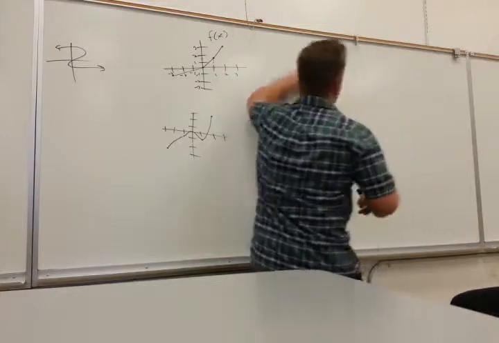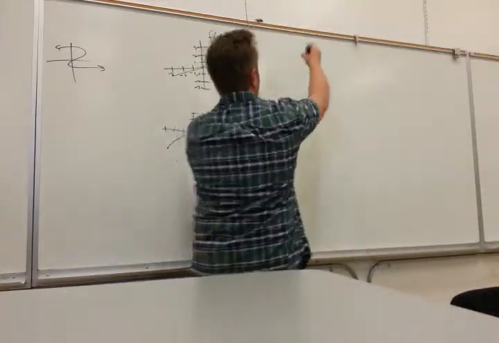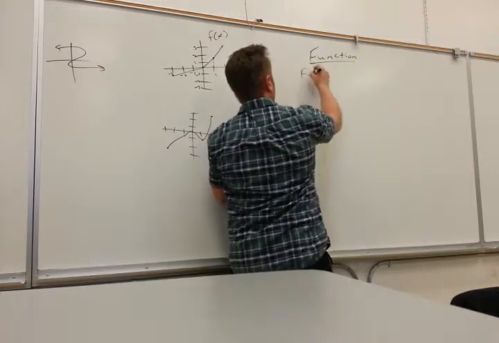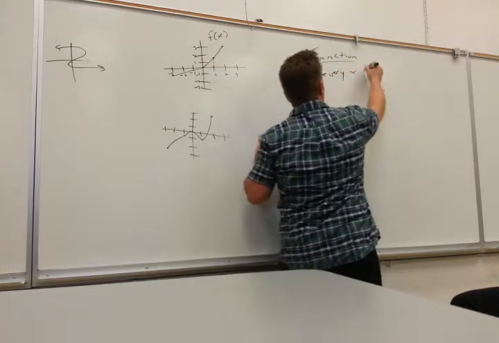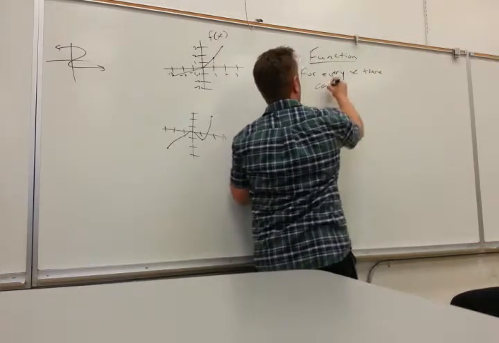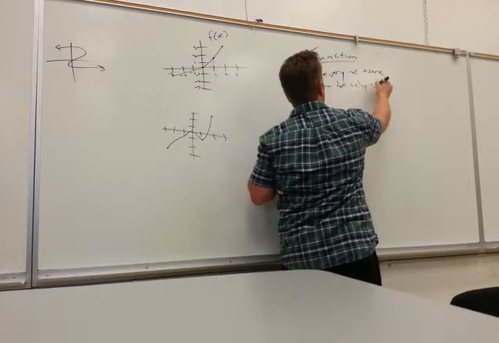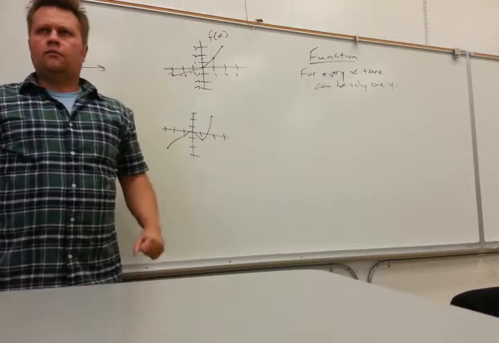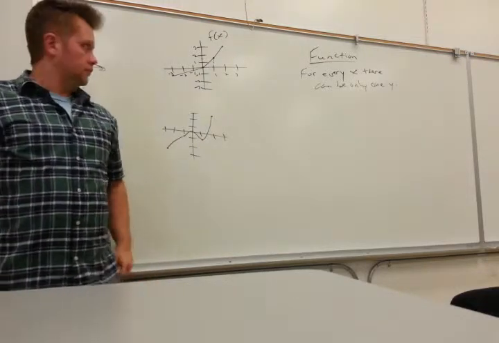So what's really going on here is, let me see if this makes sense. To be a function, for every x, it can be only 1 y, right? Mathematical equivalent of Highlander.